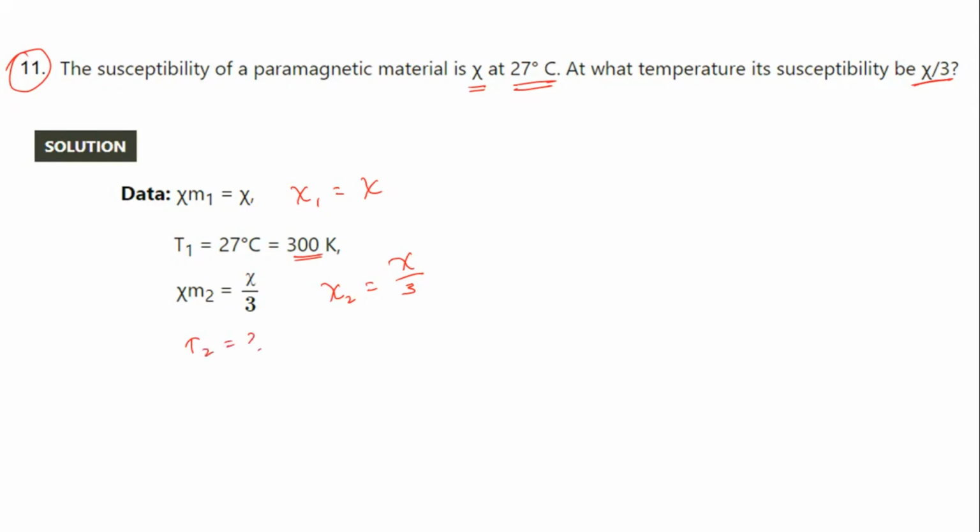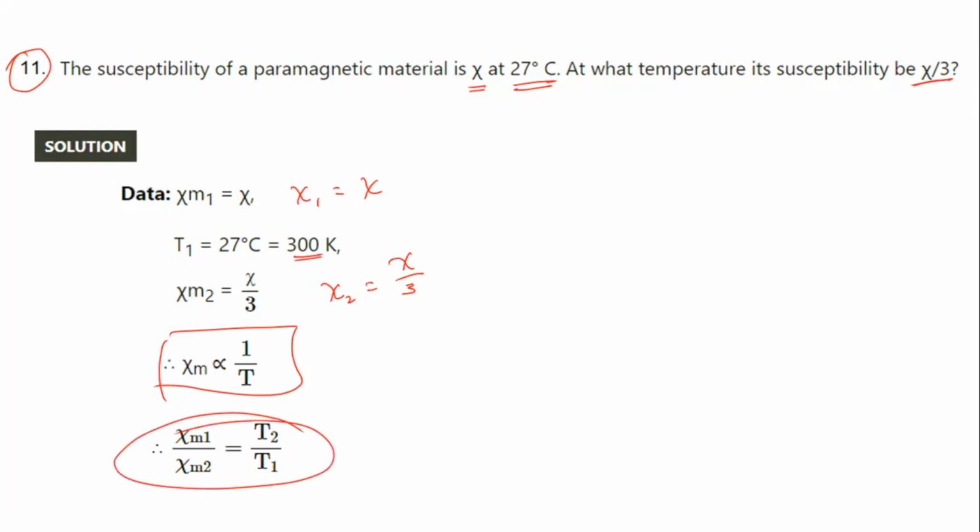We use the relation between susceptibility and temperature: susceptibility is inversely proportional to the temperature. Now susceptibility 1 divided by susceptibility 2 is equal to temperature 2 by temperature 1, because of the inverse relation.